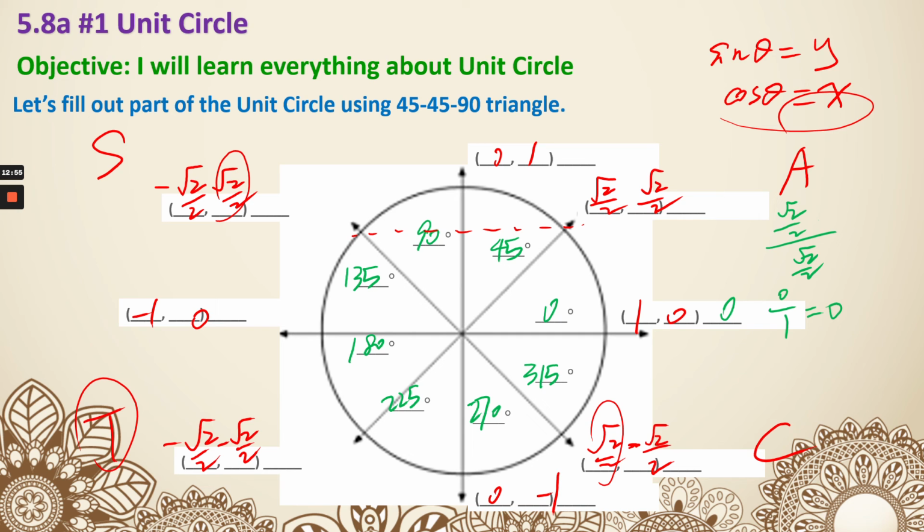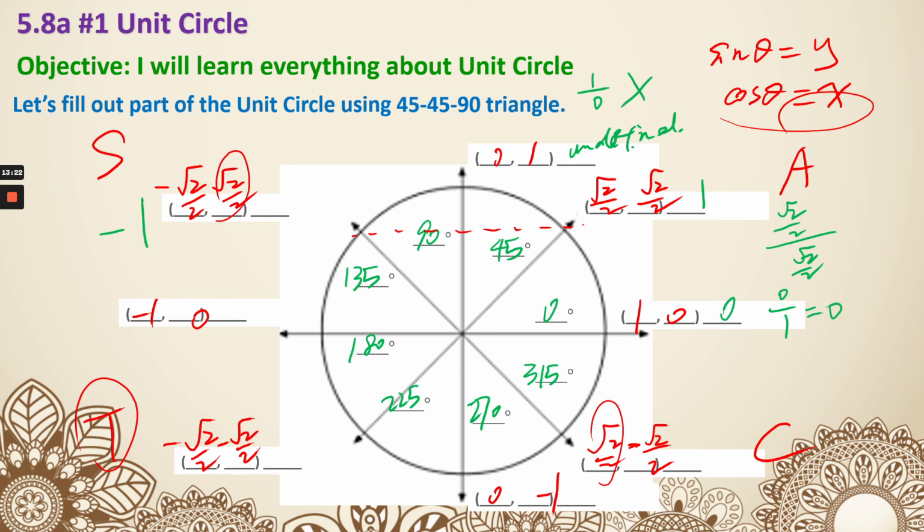That is basically the same value on the top and the bottom, so the tangent is 1. Next, 1 divided by 0, you can't do that, so that is going to be undefined. Next, square root of 2 over 2 over negative square root of 2 over 2 is just having a negative sign, so it's negative 1.